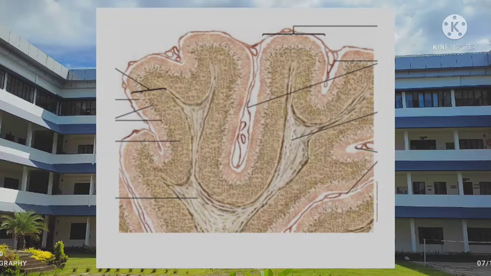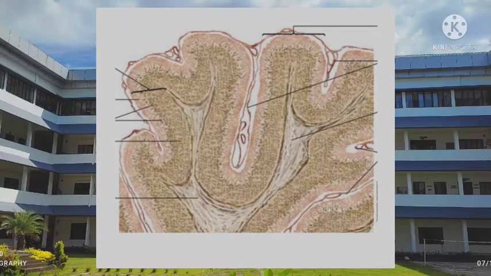The structure of the cerebellar cortex. In striking contrast to the cortex of the cerebral hemisphere, the cerebellar cortex has a uniform structure in all parts of the cerebellum. It may be divided into three layers.